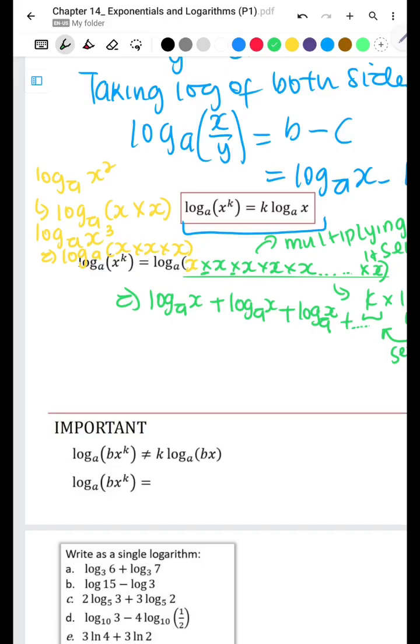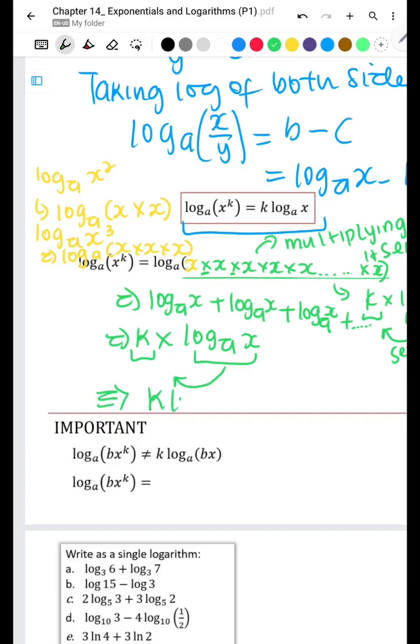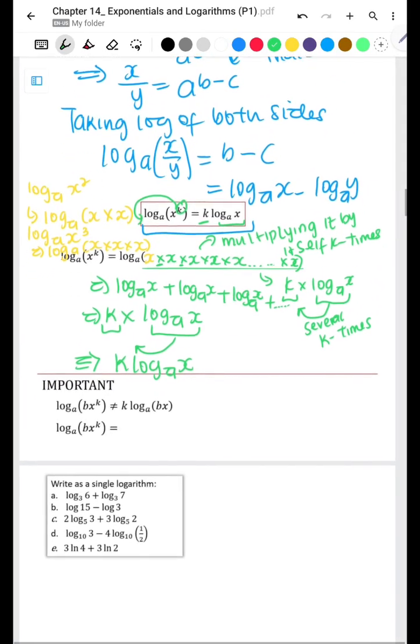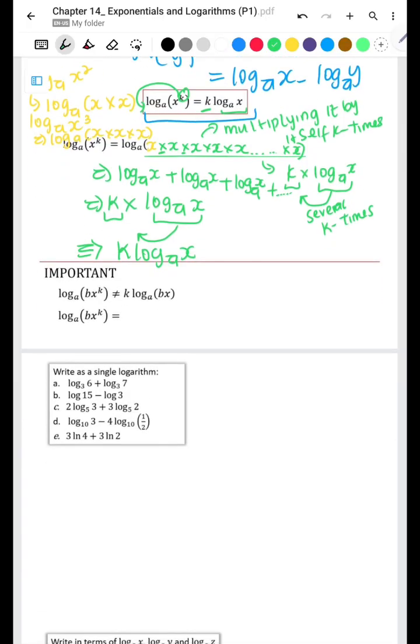It's continuous. It's as good as saying k, the number of times it continues, times log base a of x. So this implies k log base a of x, which is similar to saying this power comes here and multiplies, and this remains. So that is the way it can be explained.